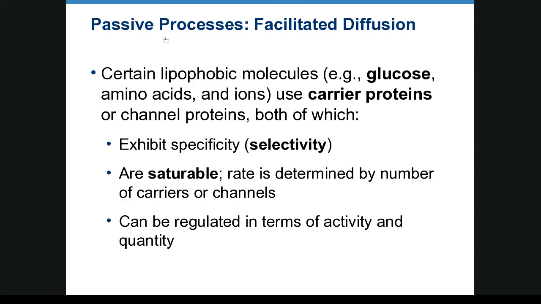Okay, facilitated diffusion requires some type of carrier. Glucose is the absolute most commonly known one. It requires a carrier. You have to have insulin, and you have to have an insulin receptor. And these are very selective, and they're saturatable. And probably this accounts for a lot of your diabetes type 2.